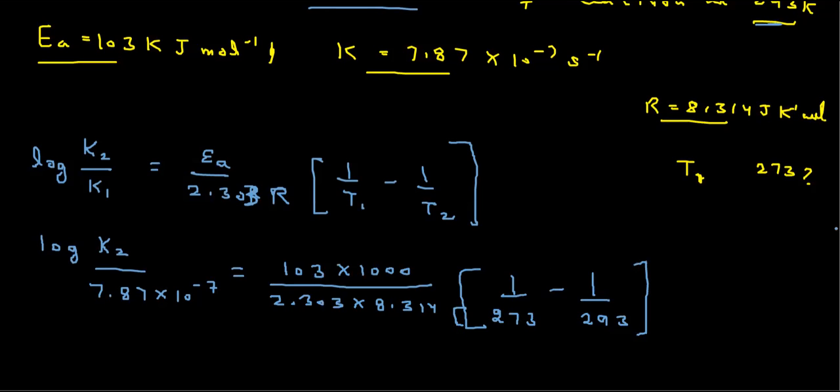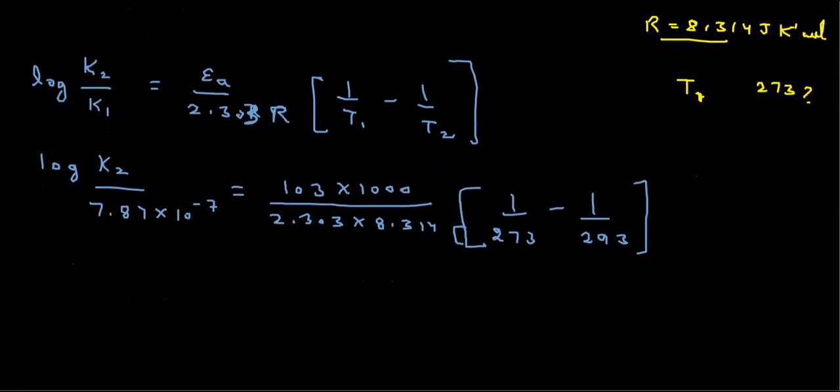So now you have to solve this portion. 103,019 upon 2.303 into 8.314, which is approximately equal to 19.14. And 293 minus 273 is 20, over 273 into 293.